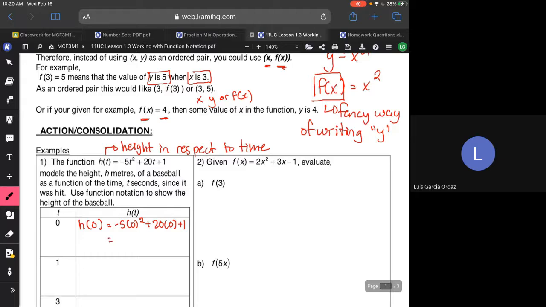And then you would do your algebra. So anything times 0 gives me what? 0. So I get 0 plus 0 plus 1. So what is h of 0? 1. So what that means is that when my time is 0 seconds, the height of my baseball is at 1 meter.